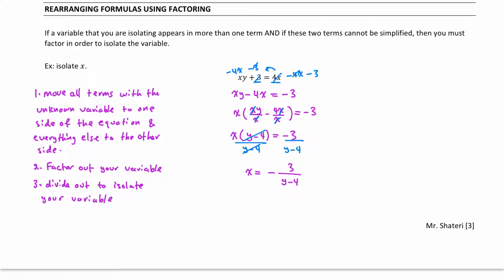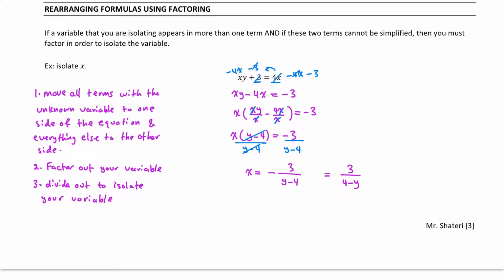Now there are other forms of writing the same solution. So if you had done it differently, for example, if you had originally moved the xy to the right hand side and kept the 3 as +3, your final answer would actually equal 3 over 4 minus y.